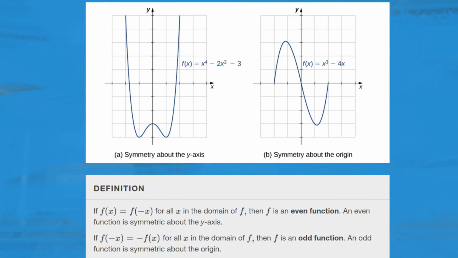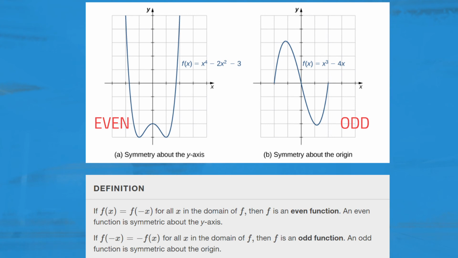And so we can see that according to the definition, our first example is an even function, our second example is an odd function. Now when we're dealing with polynomials, we can also look at the powers there. x to the fourth, x squared, and 3 is a constant, but you can also take a look at that as having x to the 0 power, which is 1.